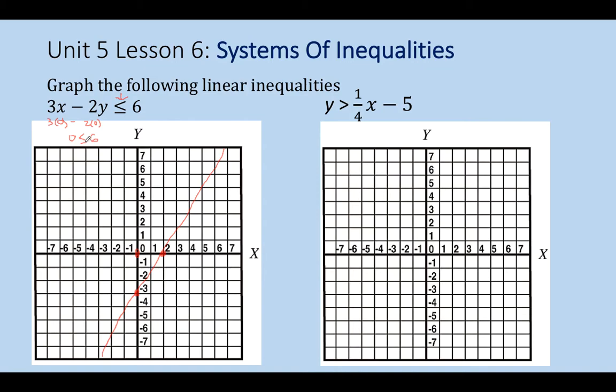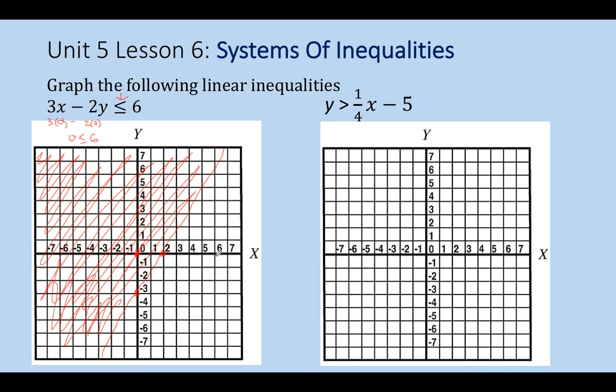Is 0 less than or equal to 6? Well, yeah, that's true. And that means that all of the points on this side of the line are going to be true and would make this inequality true. So we would have to shade everything over here on this side.